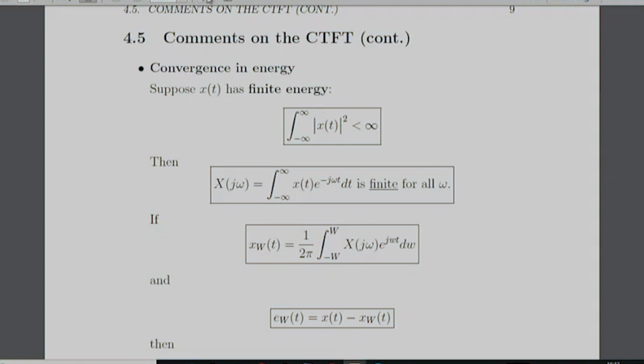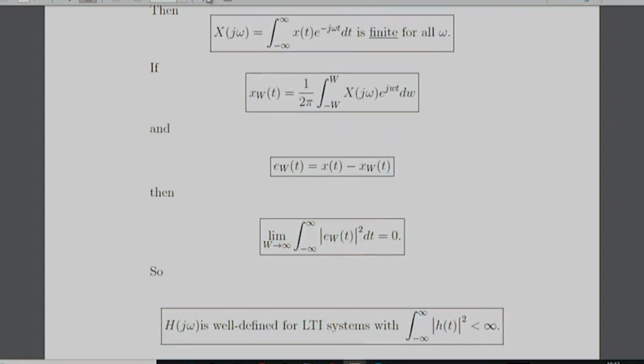In other words, just like for those signals, we could compute the a sub k's. So we get some finite number. And if we plug that transform into the synthesis equation and take our integral over some increasing range of frequency, like from minus W to W, and let W go to infinity, then the difference between this integral and the signal, which is the error, will have the property that its energy goes to zero.